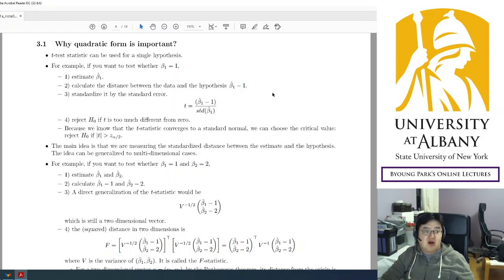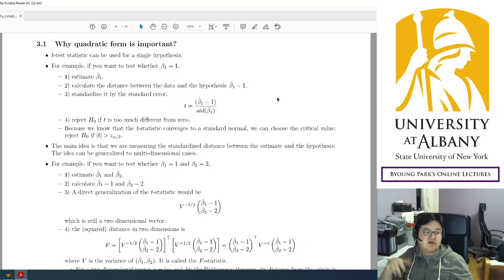So the distance is our main focus, and the distance should be standardized by the standard error. Just simply divide it by the standard deviation of the beta 1 estimate, the standard error of the estimate. This is defined as the t statistic for this null hypothesis, and this t statistic converges in distribution to a standard normal distribution.